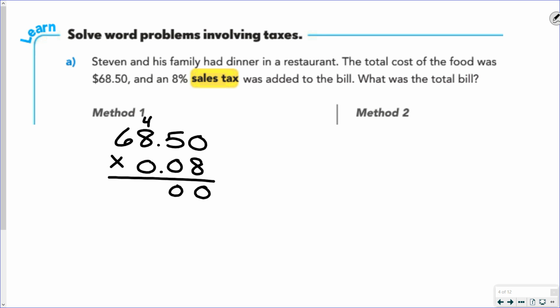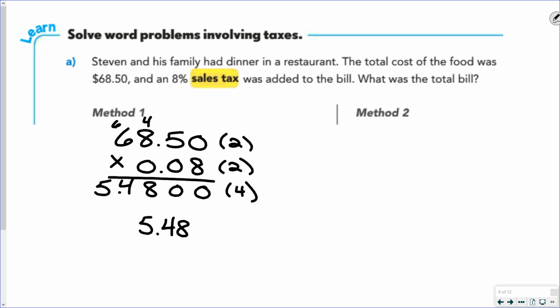So you do your division or your multiplication here. And that would give us $5.48. Well, that $5.48 is the tax, which we can see is added to the bill.